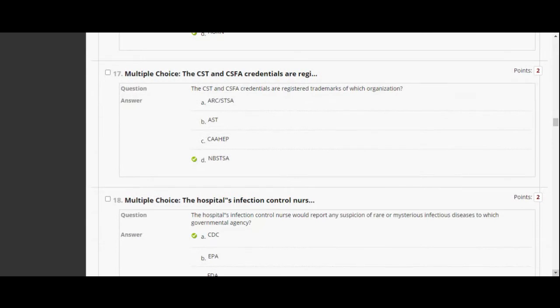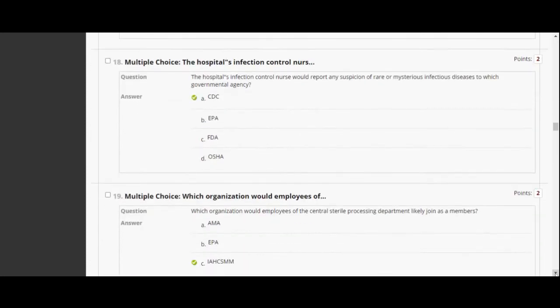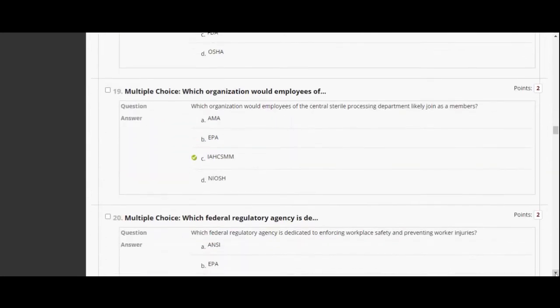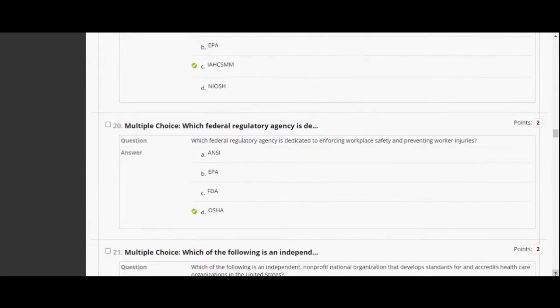The CST and CSFA credentials are registered trademarks of which organization? NBSTSA. The hospital's infection control nurse would report any suspicion of rare or mysterious infectious diseases to which governmental agency? CDC.